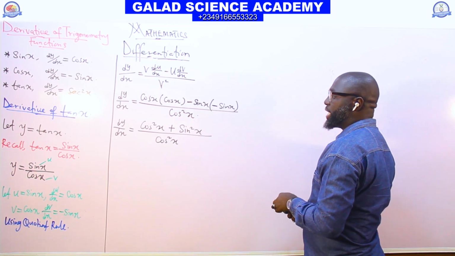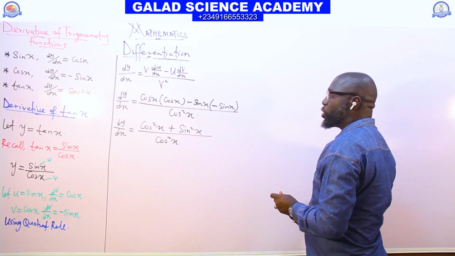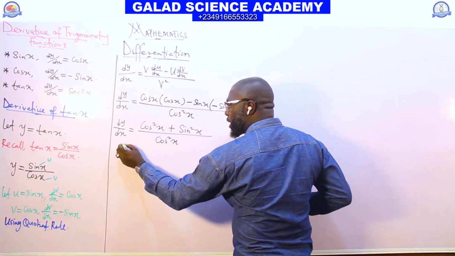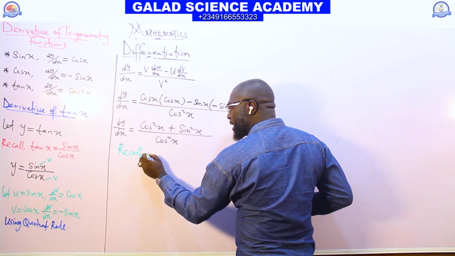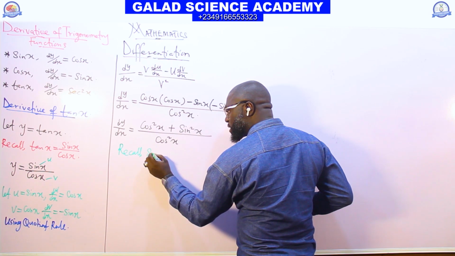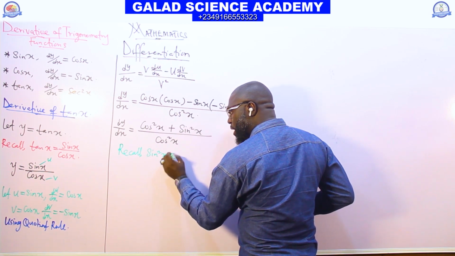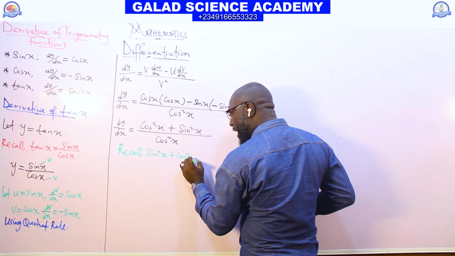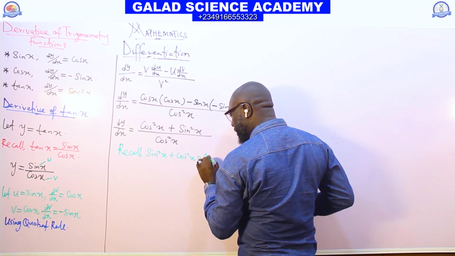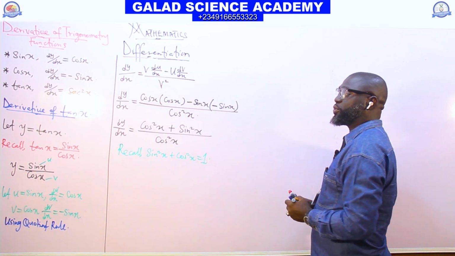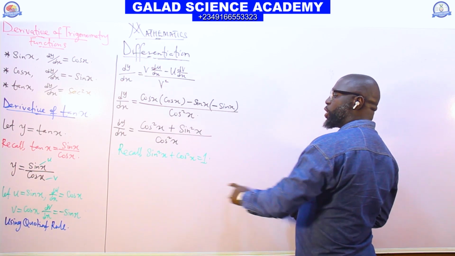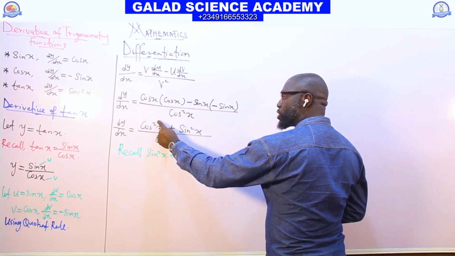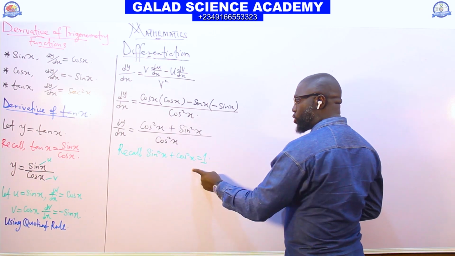At this point again, I can also introduce that we recall sine squared x plus cos squared x is equal to 1. We established this fact from trig. So cos squared x plus sine squared x equals 1.